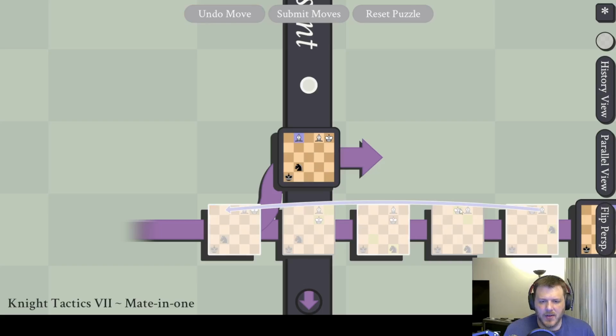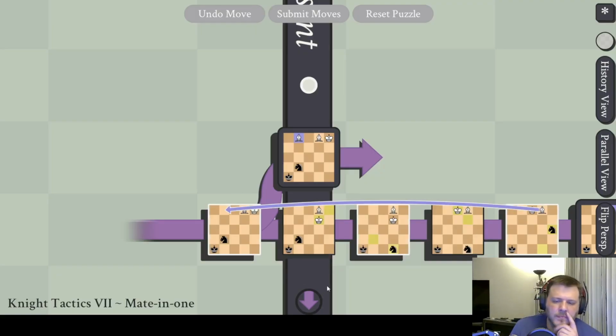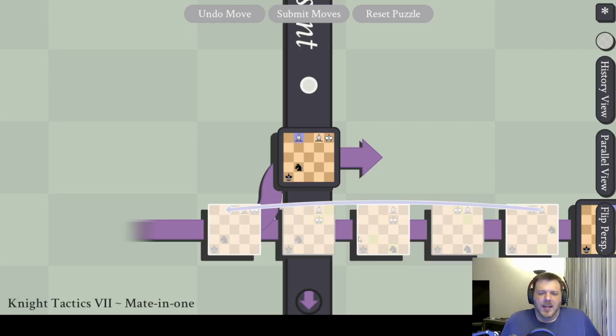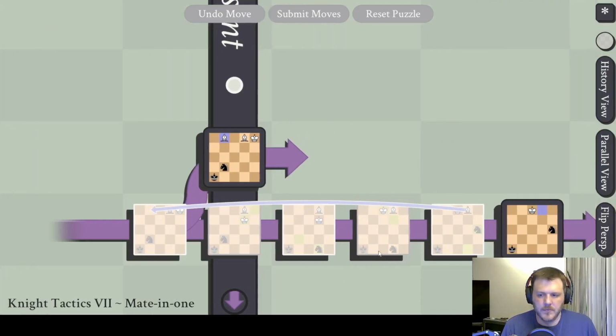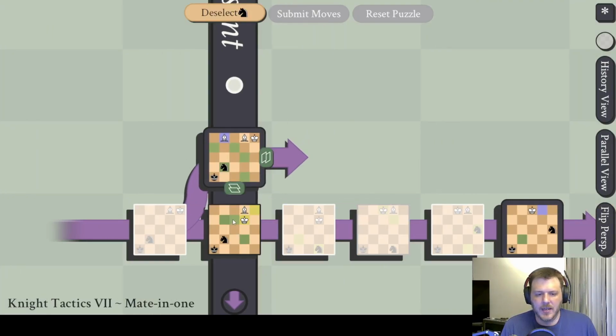There's going to be a king right here. I am stumped on this one. Okay. So I can move one across in time and two forward in time and put me right there, but that doesn't do anything. That is a valid move, but it doesn't do anything. So this is not checkmate. None of these have been checkmate.